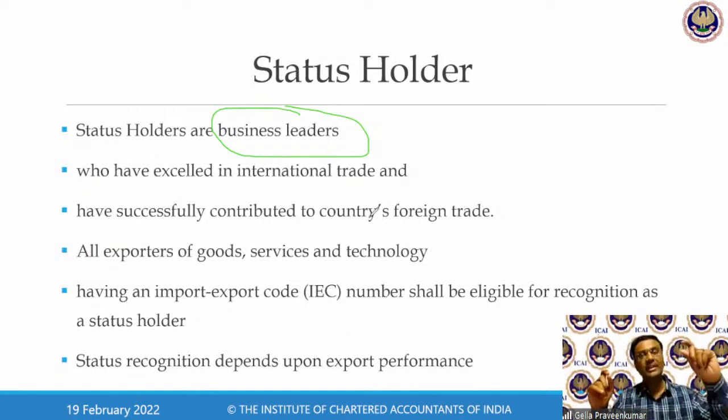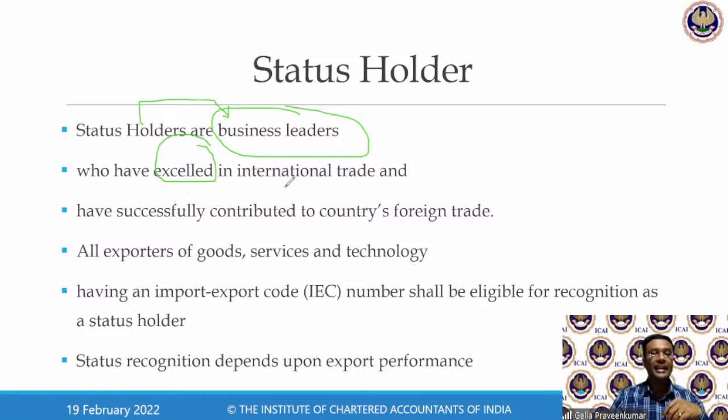SME is also a business leader. Infosys is also a business leader at their level of operations. So here, a status holder is a resemblance of a business leader who excelled at their capacity in international trade.